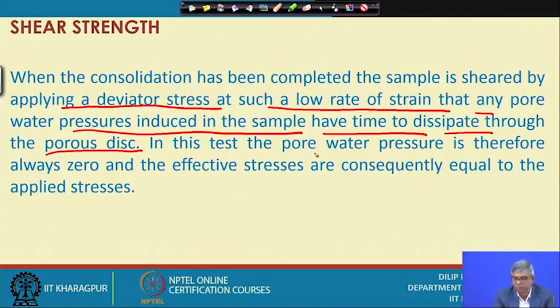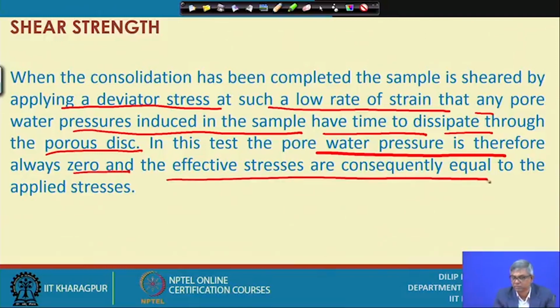And in this test, the pore water pressure is therefore always 0, and the effective stresses are consequently equal to the applied stresses. So, whatever we finally get is effective stress, and whatever soil parameters we get from this test are called effective stress parameters.